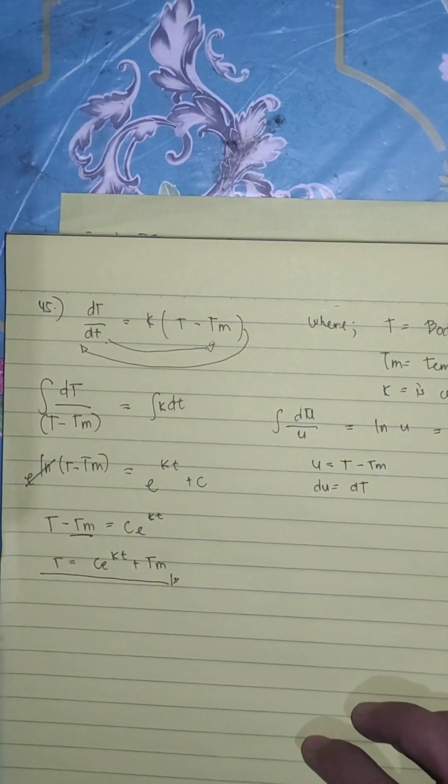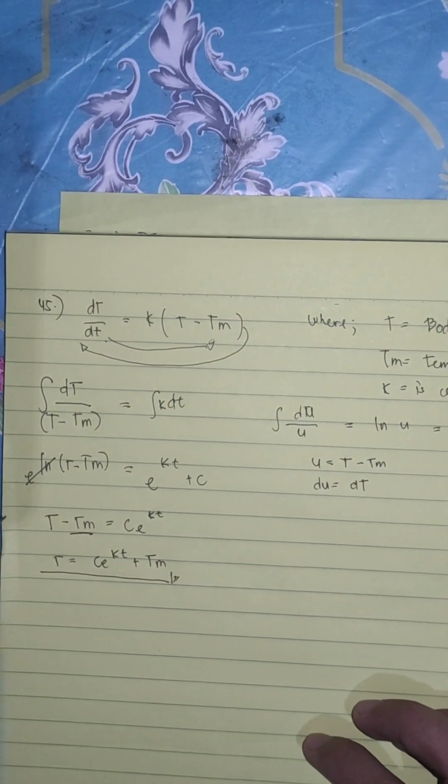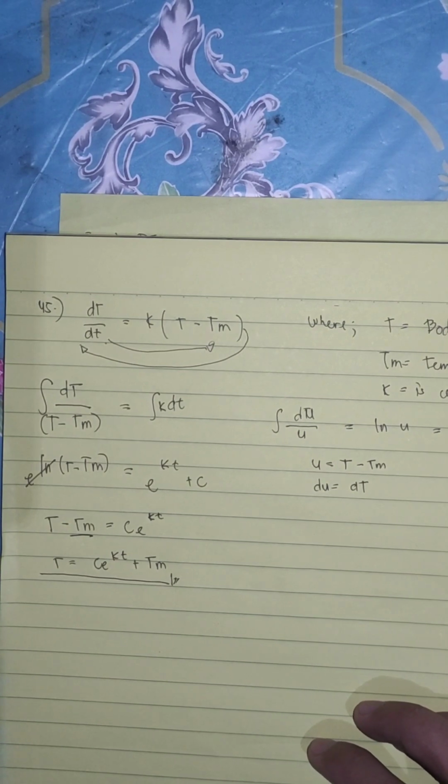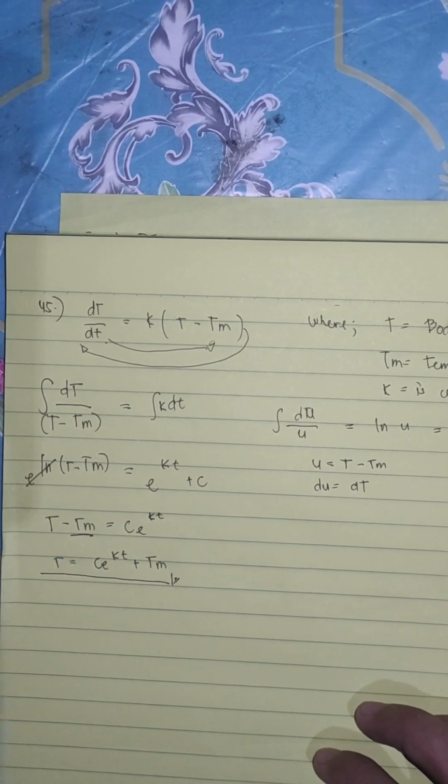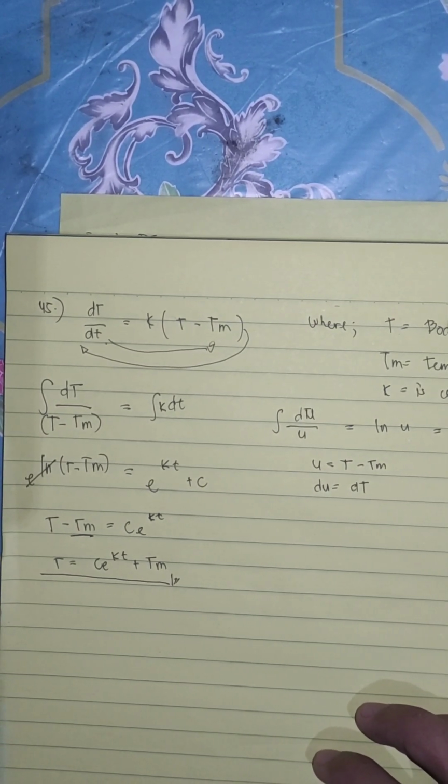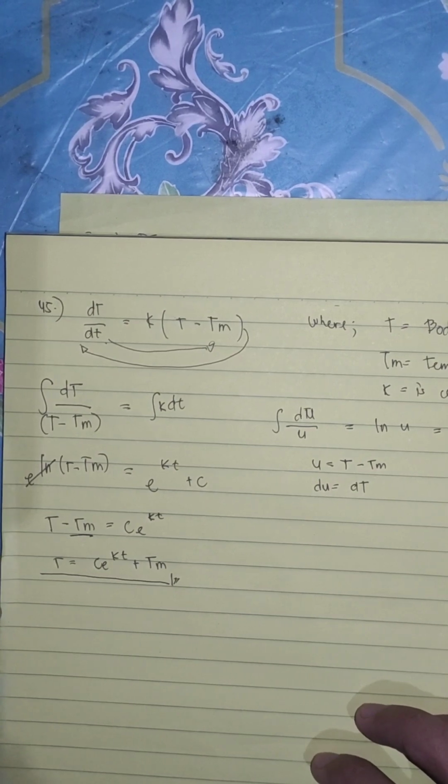So in the problem, it says that at time equals 0, the temperature is 100 and the medium temperature is 40.